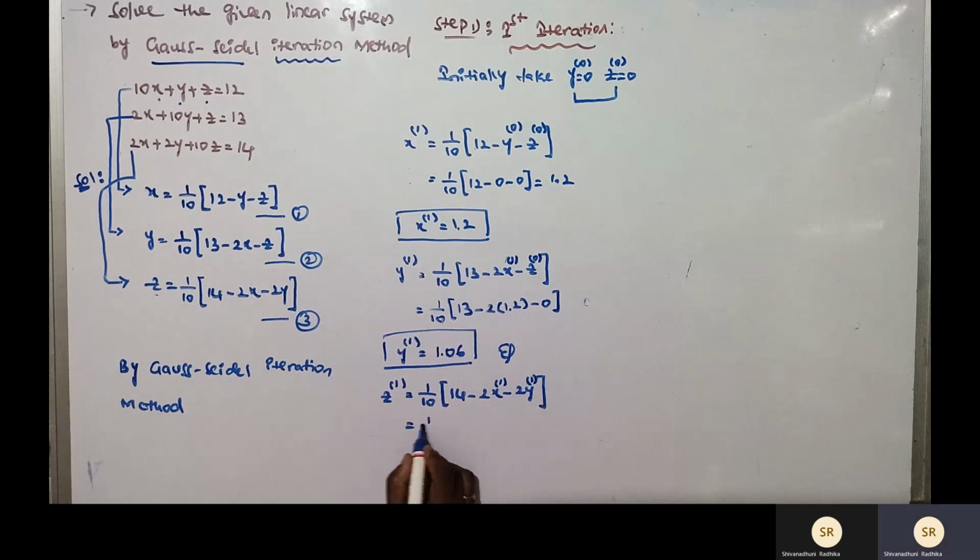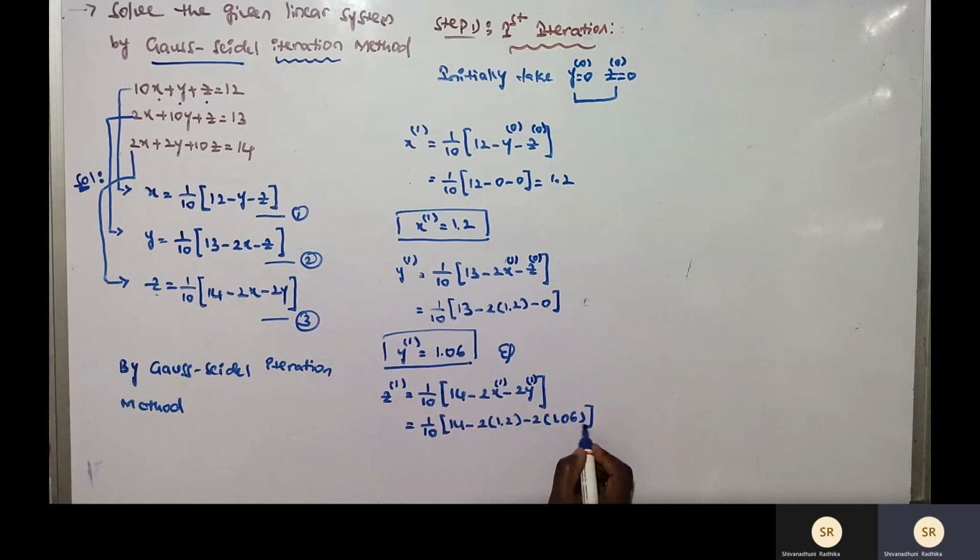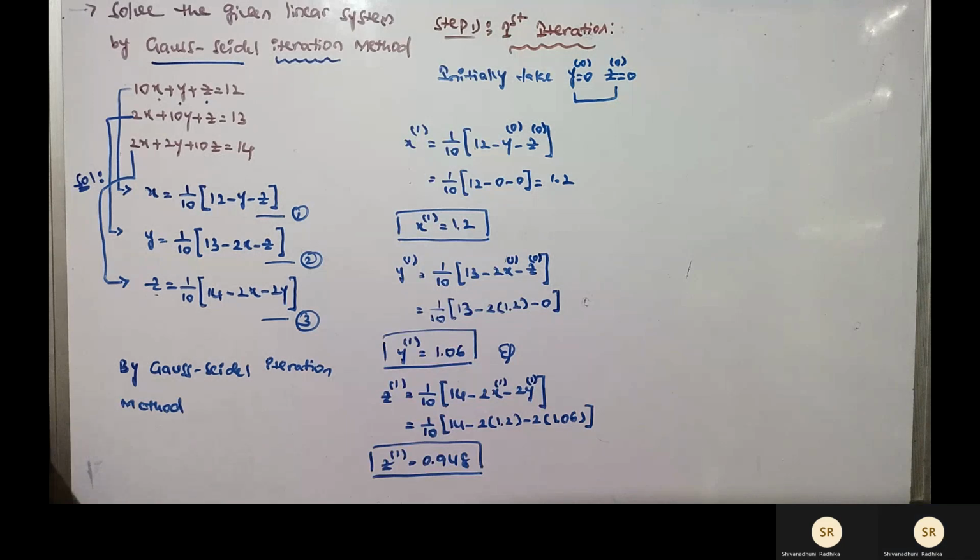Now substitute 1 by 10 into 14 minus 2 into x first approximation 1.2 minus 2 into y first approximation 1.06. Now I am getting this value, z first approximation is 0.948. It is the first approximation or the first iteration.